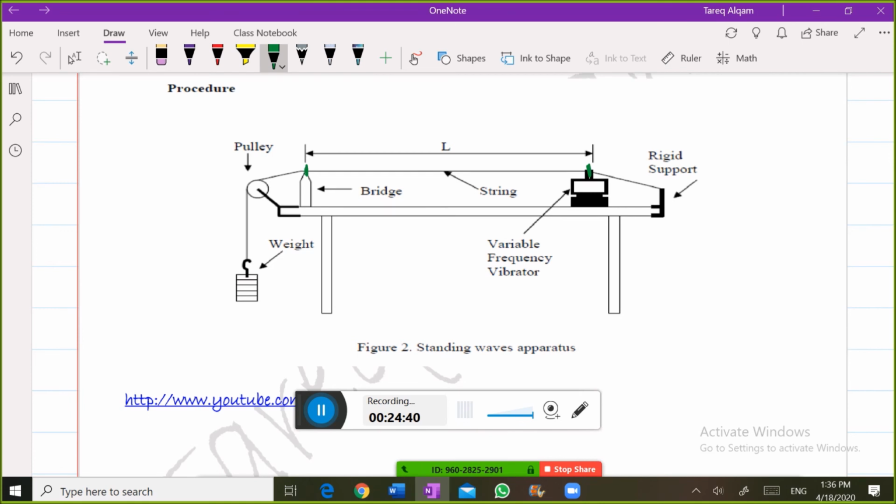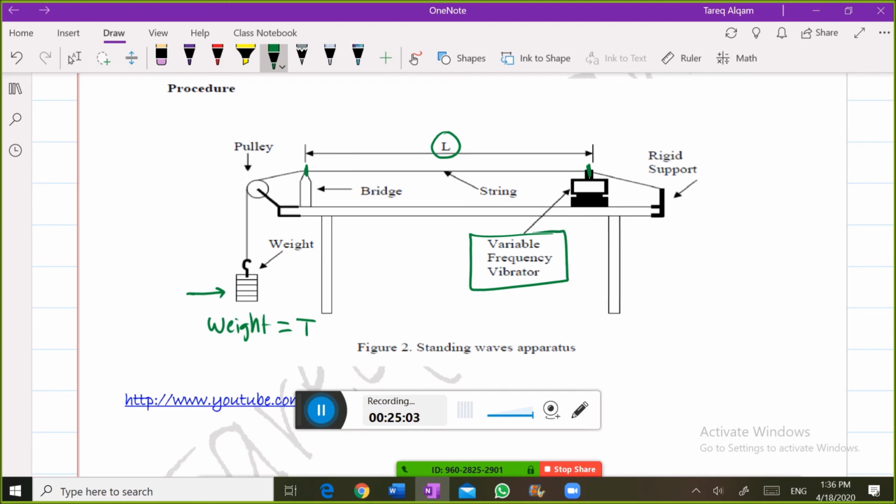This weight produces a tension, the needed tension for this frequency. It can be measured easily. I have to measure this length. This is a variable frequency generator.